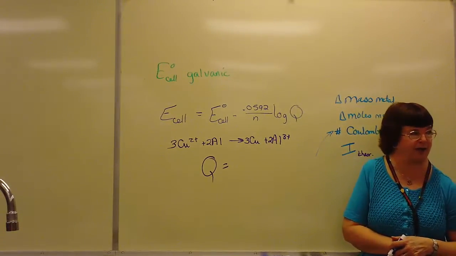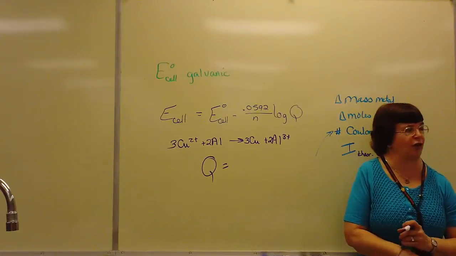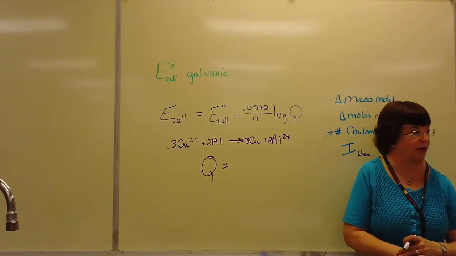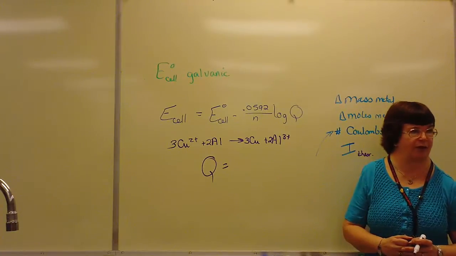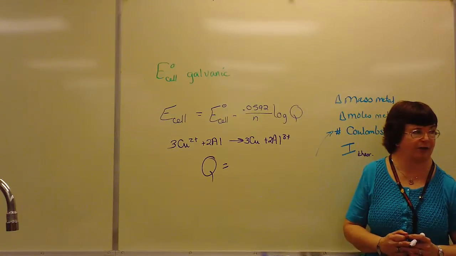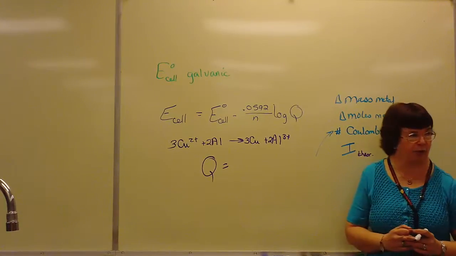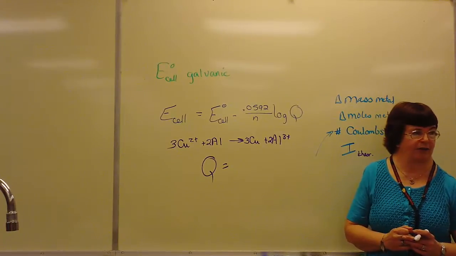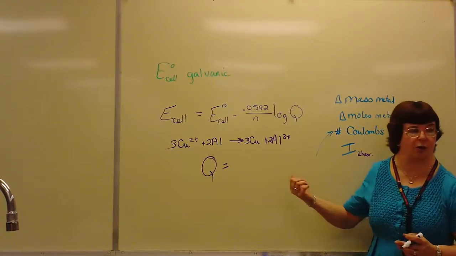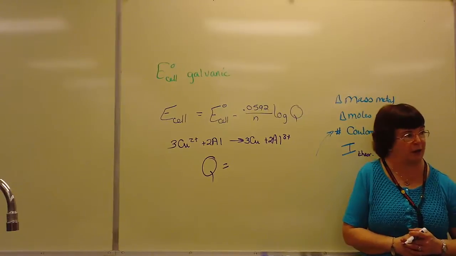Oh yeah! Concentrations, the initial concentrations. So, what are my concentrations to start with? They were all what? 0.2. Copper was 0.2? No, it wasn't. Copper was 0.8. So, how do I write Q?